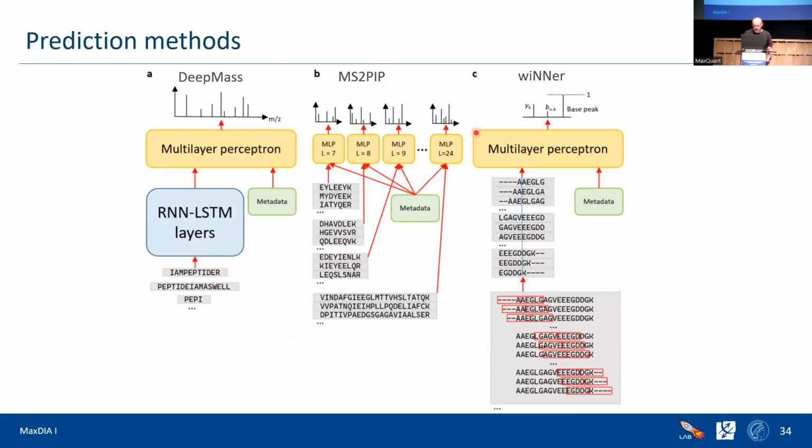Now it's also interesting to see whether the results depend on which algorithm you are using for predicting these libraries. First of all, there are different kinds of these predictors.